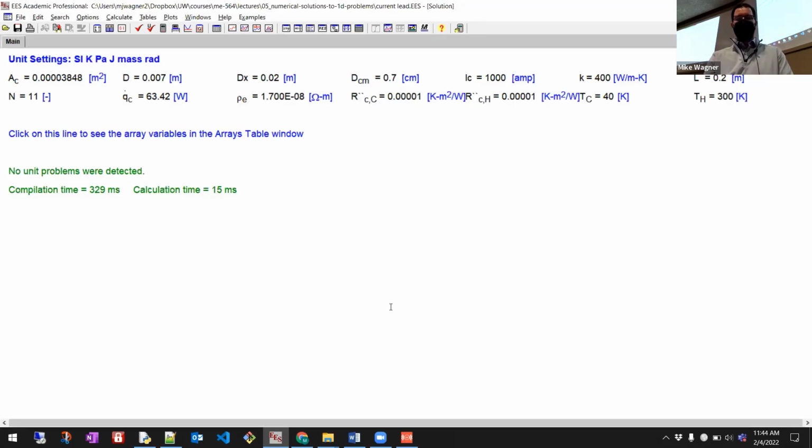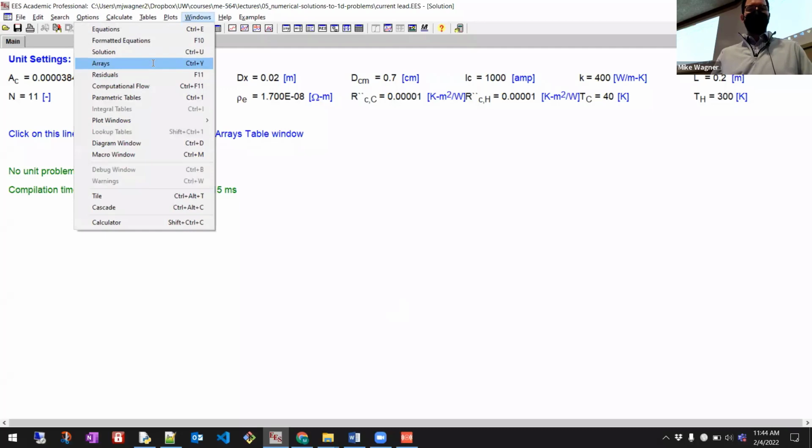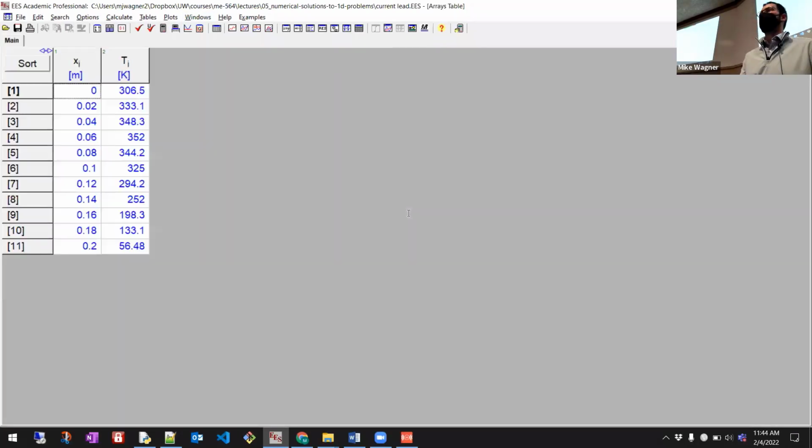It solves, hooray. Now where's my answer? We put everything in a duplicate loop, so where did the answer go? We have some information, like the constants we entered, the temperature, but the actual answer isn't available on this page. You need to go to Windows, Arrays, or Control Y. This shows anything you've entered as an array variable with square brackets.